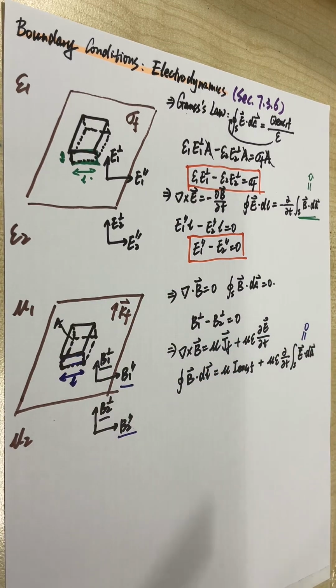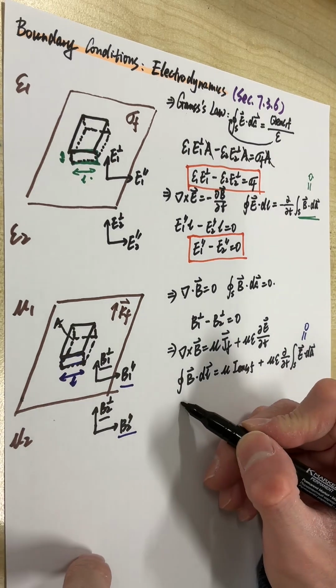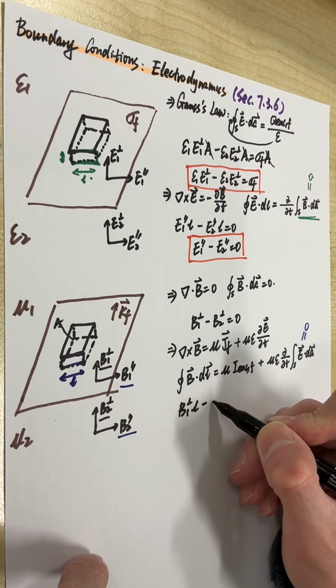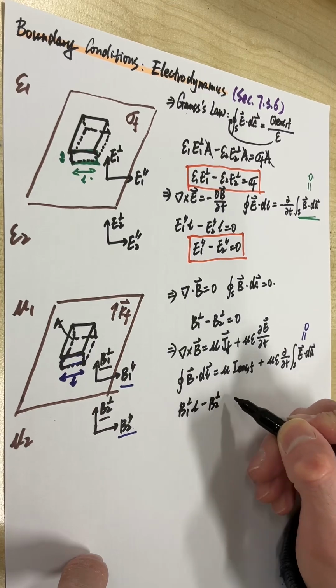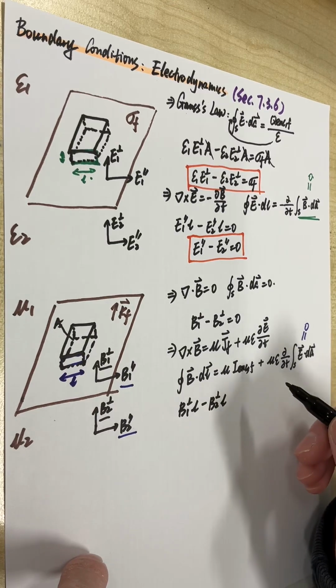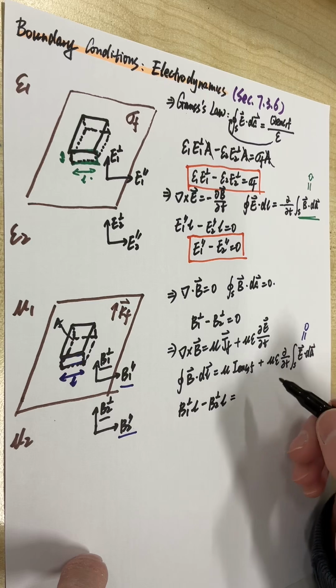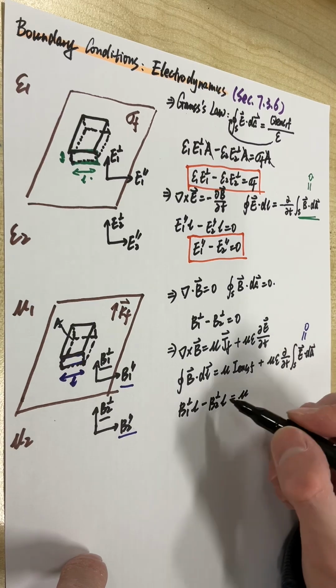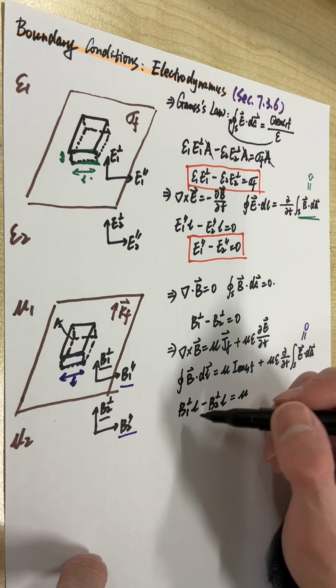So what we have is B1 component L minus B2 component L. So this equals to mu, oh wait, I made a mistake.